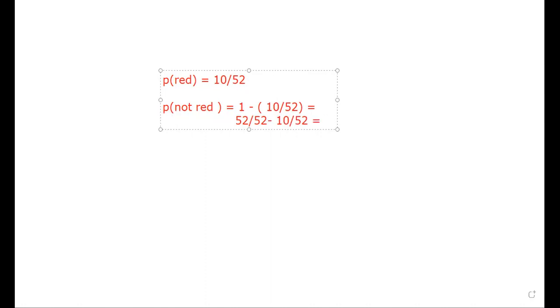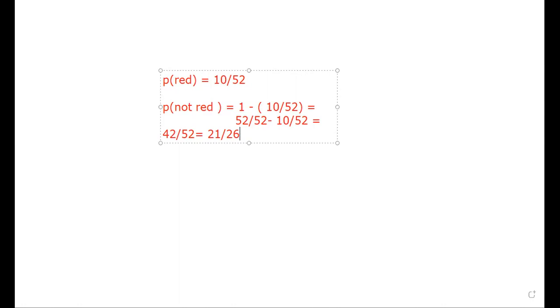Then it will be 42 out of 52. In simplest form, it will be 21 over 26.